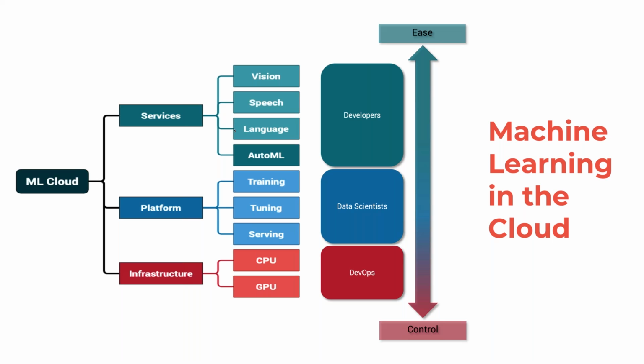Computer vision, natural language, and speech synthesis are some of the examples of high-level services that are available as just APIs. And for this, you don't need to know anything. You throw an image at the computer vision service, and it comes back with the image classification or object detection output.